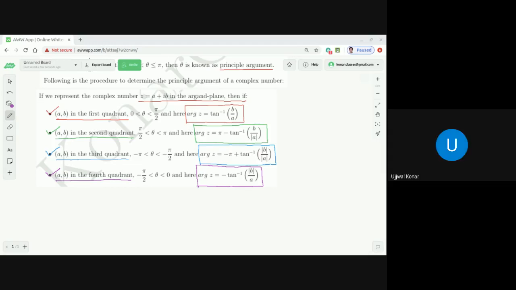Now, the next point I'm going to discuss is called the conjugate of a complex number.